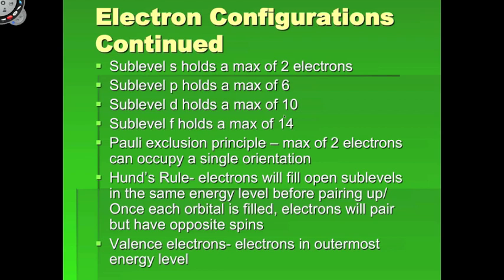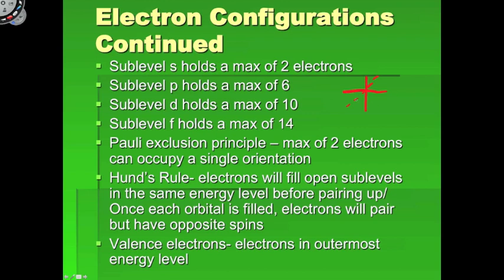The Pauli exclusion principle is a rule that just means that you can only have a total of 2 electrons in each orientation. For example, you remember for the P sublevel, we had a Y orientation, an X orientation, and we called it a Z orientation.